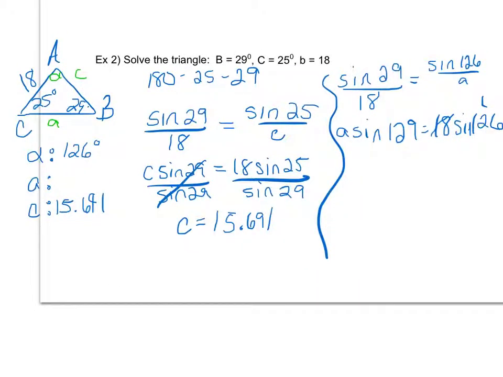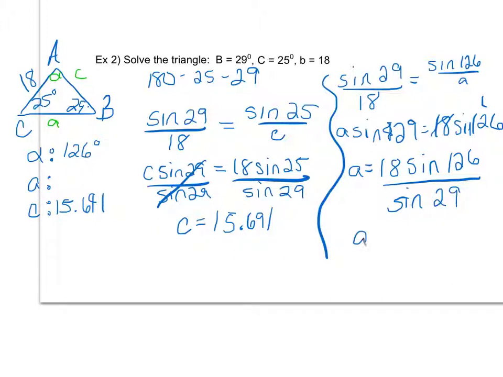I'll divide by sine of 29 and I get A equals 18 times sine of 126 all over sine of 29, and then I put that into my calculator and I get an A value of approximately 30.037.